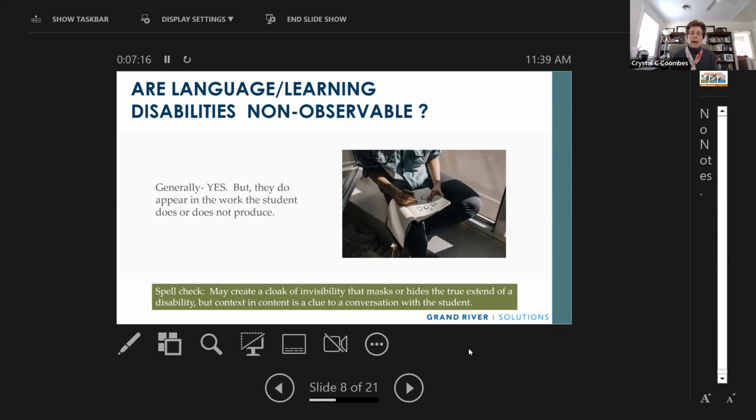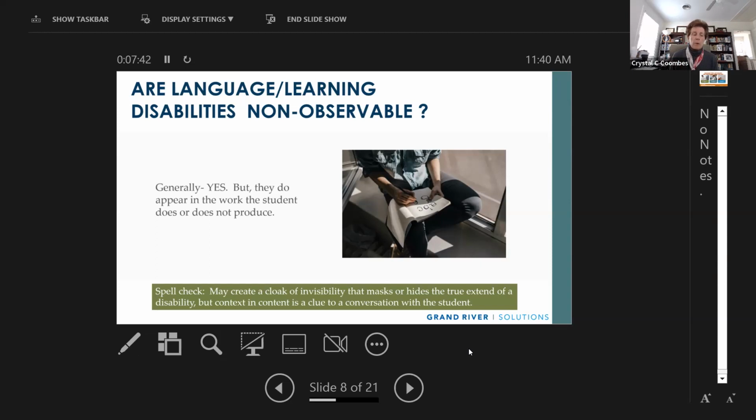If a person has a learning disability or language disability, oftentimes it's not observable. Notice I said generally, yes, but your keen eye as a professor or instructor for a student might pick out some of the patterns that could actually reveal this. For example, before the days of computers and typing, spell check, okay?